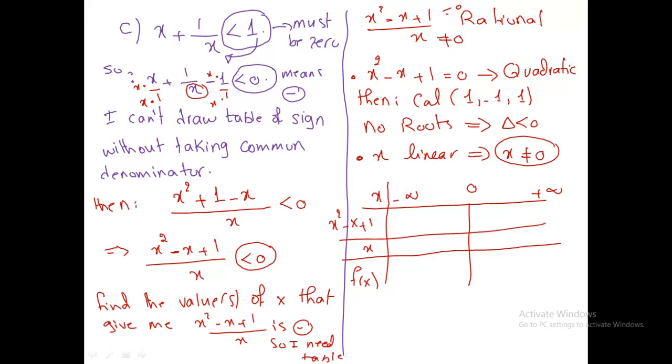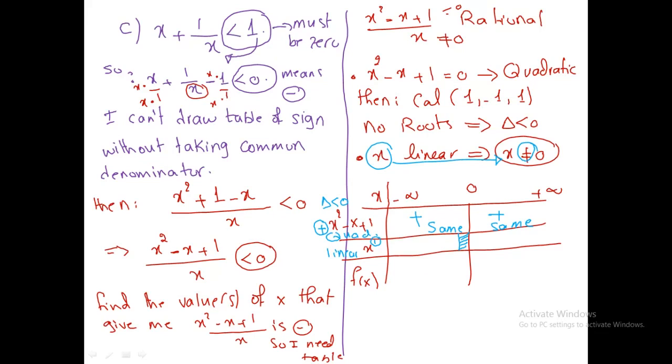This is quadratic and delta less than 0. So same. Here the sign of a is positive. Same sign as a. x is linear, degree 1. I have shaded at 0, because x does not equal 0.